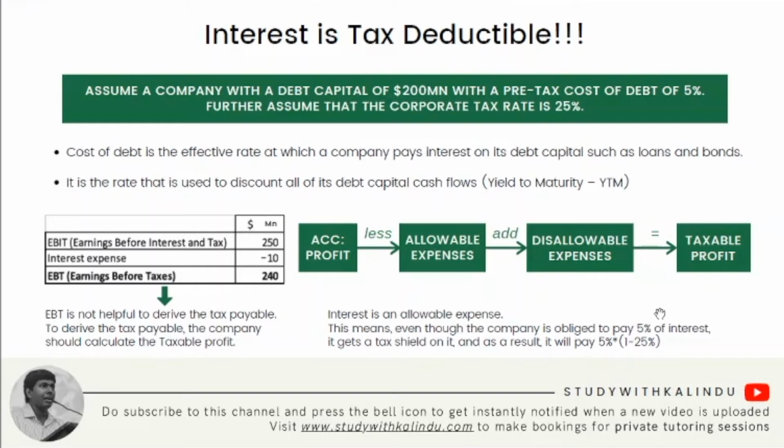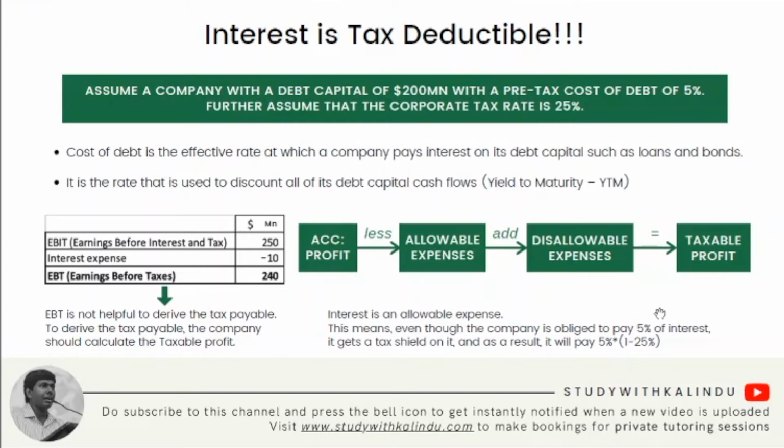So this is the net interest you will be paying. And you divide that 7.5, the net interest, by the total debt 200 million, you get a figure of 3.75. This 3.75 is the post-tax cost of debt, or the cost of debt net of taxes.